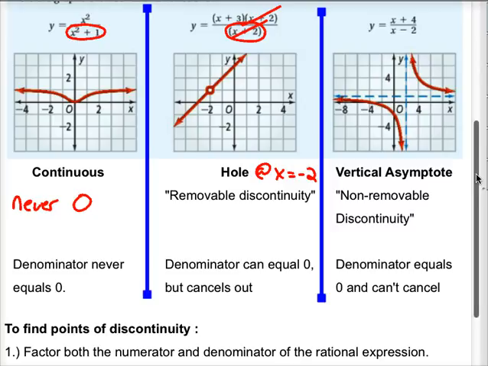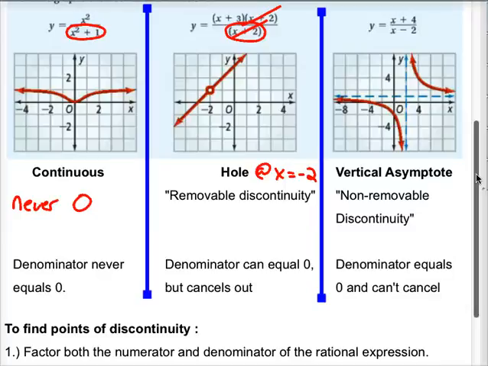When you have the bottom and it cancels out, that is going to create a hole at that value. So here at -2, we're getting a hole.